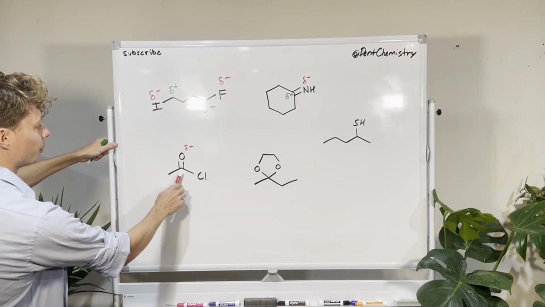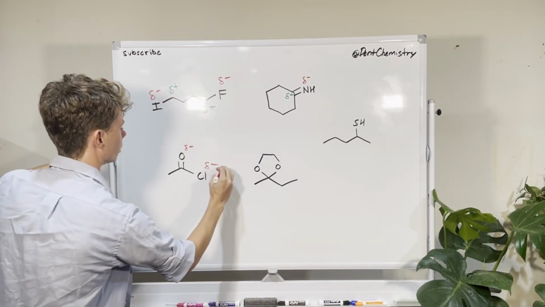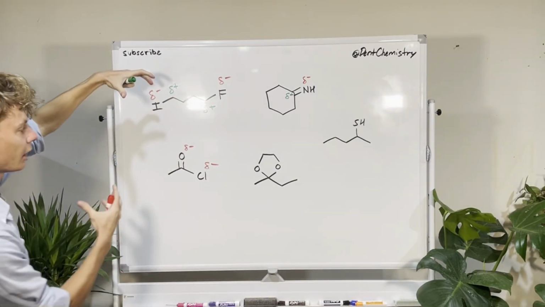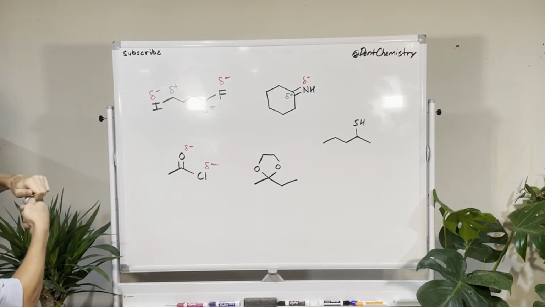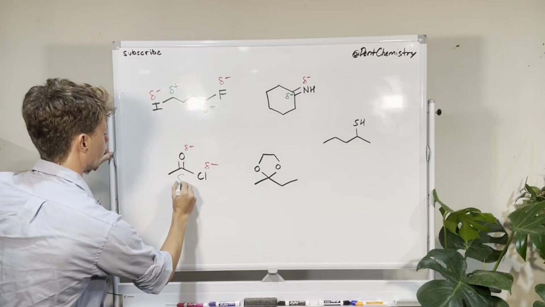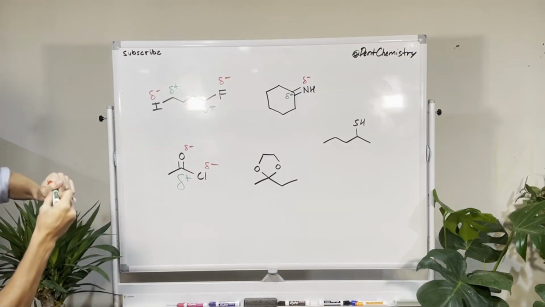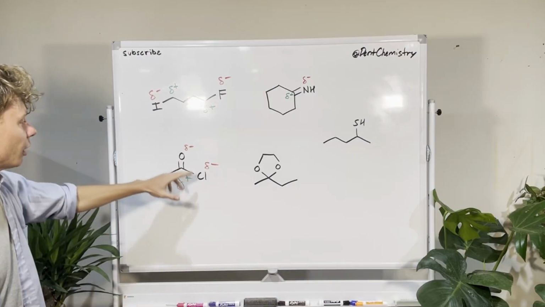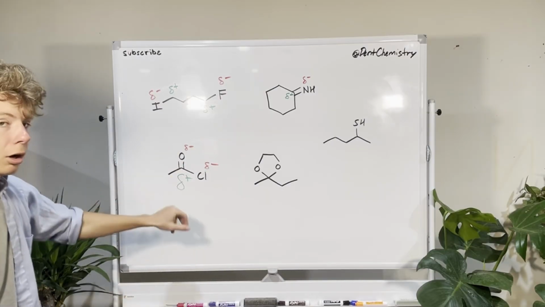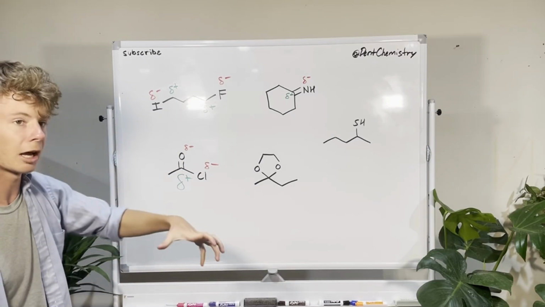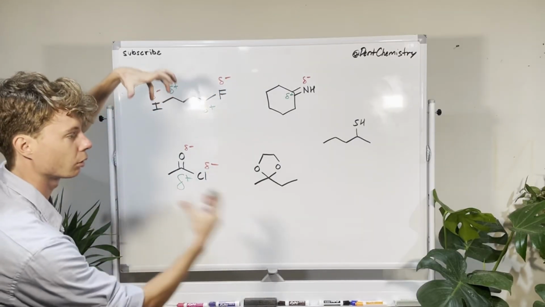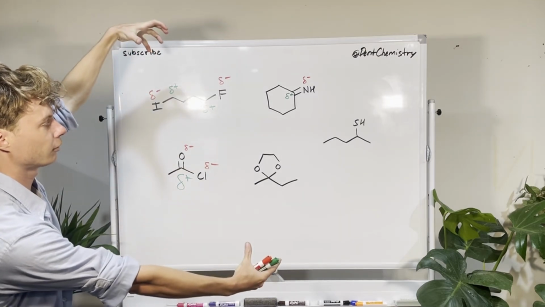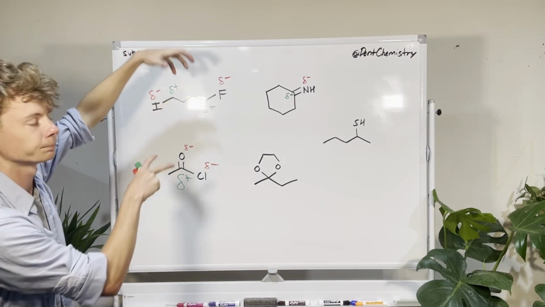And that carbon is also being affected by that chlorine there. So lots of pulling from both that carbonyl bond and the chlorine on that carbon. And as a result, we get a really large partial positive on that carbon, a really reactive site there. Not only is chlorine a good leaving group, but the main thing we're worried about here is the large partial positive on that carbon. Not only do we have that carbonyl pulling on it, we have that chlorine pulling electron density towards themselves, greedy electronegative atoms, and it leaves a big partial positive right in the center.